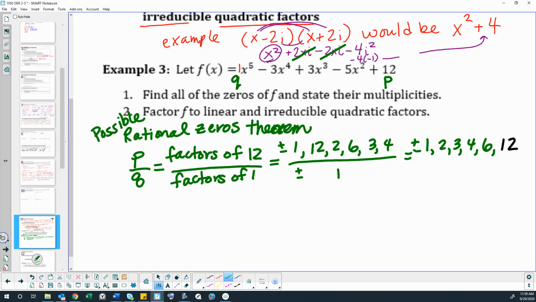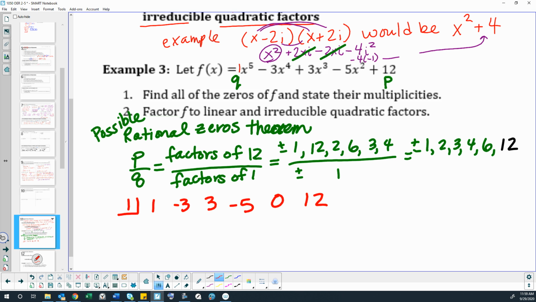So, yes, question? Good? Okay, so what is the easiest number to start with? Perfect, let's try it. So we're going to put our 1 in a box that came from that list, and I'm going to take my coefficients from my function: 1, negative 3, 3, negative 5, 0, and 12.